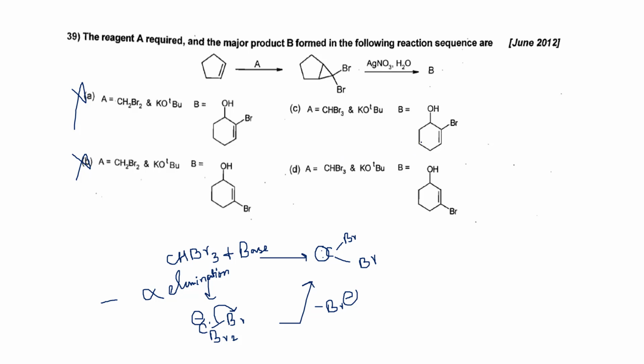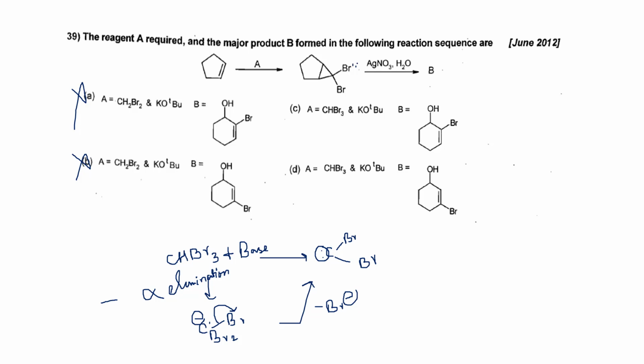Now the next is, what will happen if you add AgNO3. As we said, AgNO3 acts as a Lewis acid and promotes the substitution reaction.